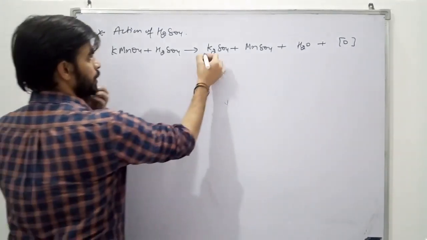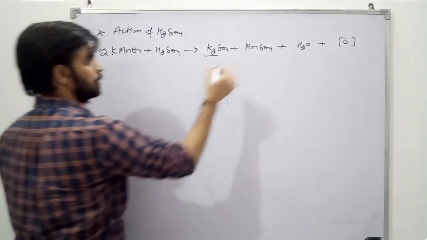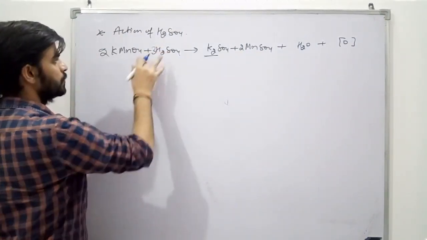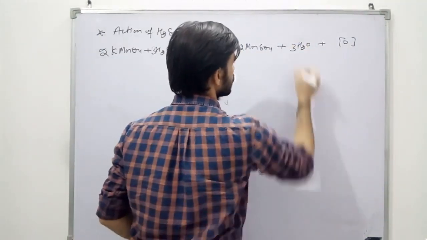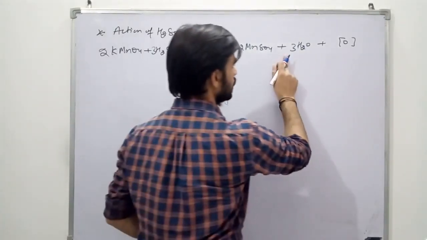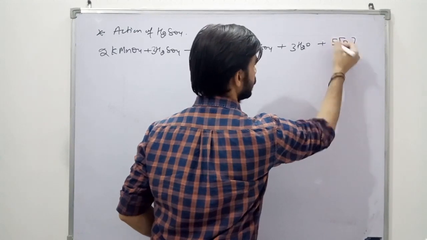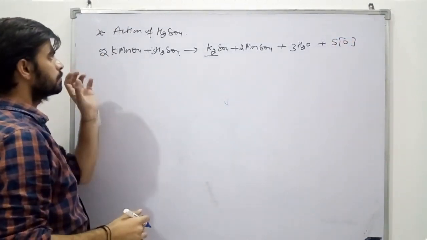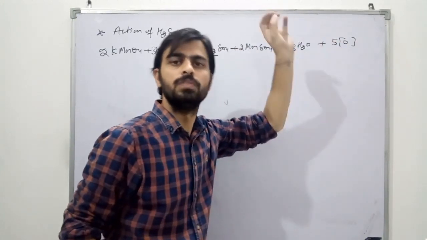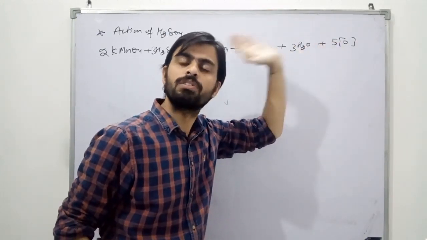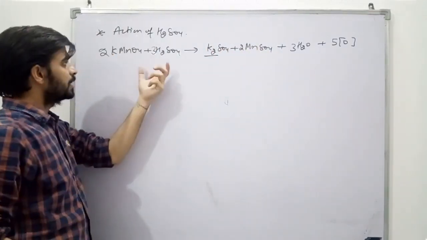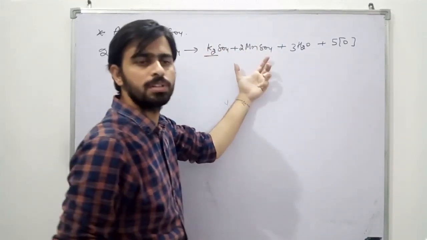So here we have 2, 2, then a total of 3 sulfate, 3 H2SO4 gives 6 hydrogen and 3 water. Oxygen: 4 plus 8 is 3 plus 5. That means acidified KMnO4 gives 5 nascent oxygen, which is responsible for its oxidizing character. That means acidified KMnO4 is a very good oxidizing agent.